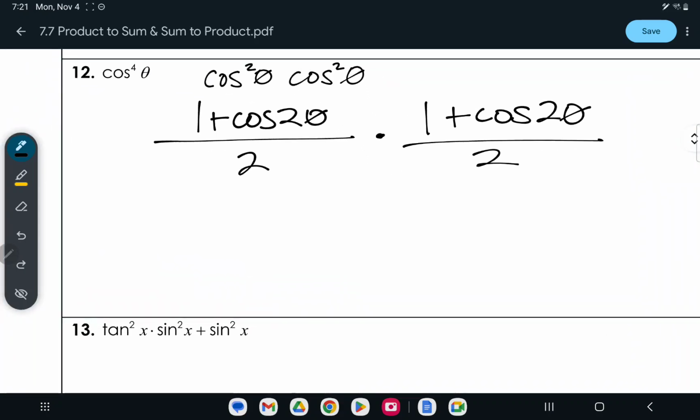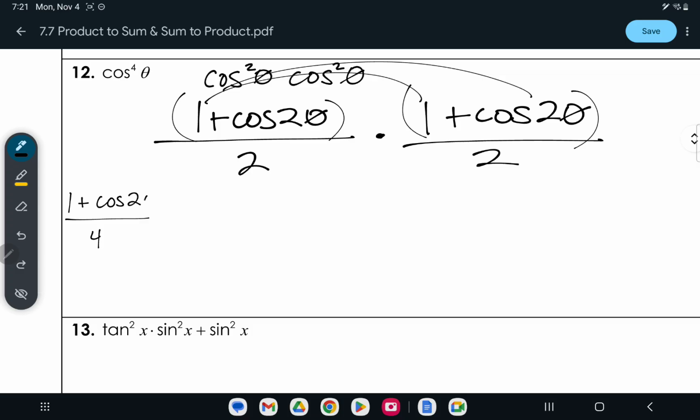Let's combine it down into one fraction. So the denominator's 4. And now I have to FOIL this out. So that's 1 plus cosine 2 theta. And then that is cosine 2 theta plus cosine squared 2 theta.